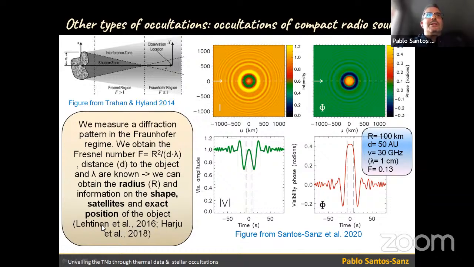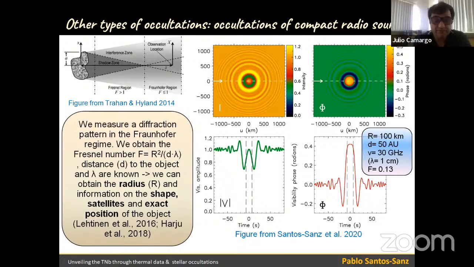These two papers, Letinen et al. 2016 and Harhu et al. 2018, are detections of occultations by two asteroids occulting a compact radio source. It has never been done for a trans-Neptunian or a Centaur. So I think it's a nice thing to think about, perhaps to predict and to do in the future, using SKA or using another radio telescope.